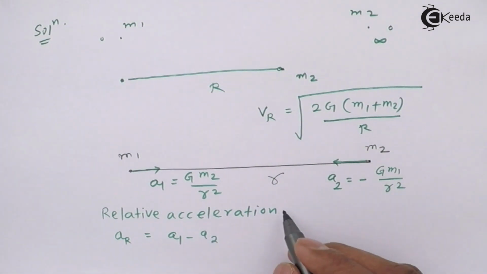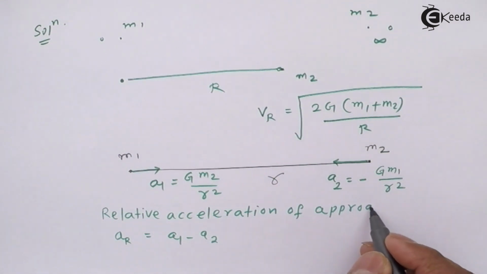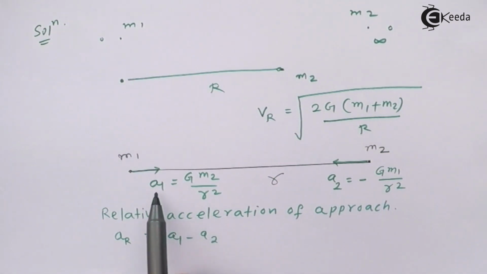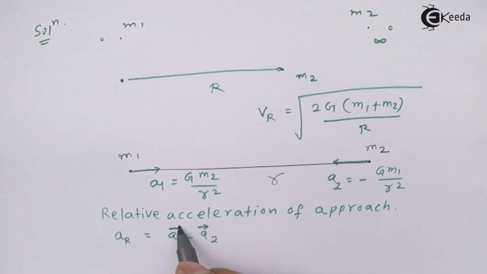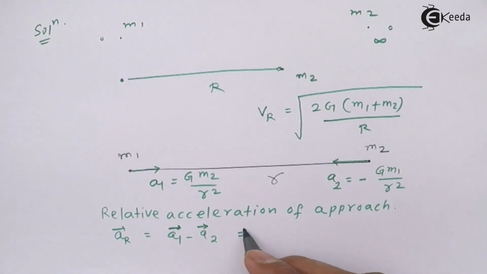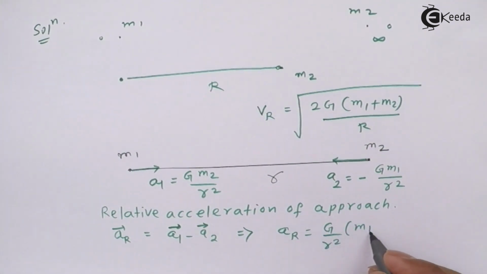This is the relative acceleration of approach. The accelerations will add up, since this is in vector form, so in terms of magnitude it will be this plus that. So it is G by r square (m1 plus m2). This is the relative acceleration.